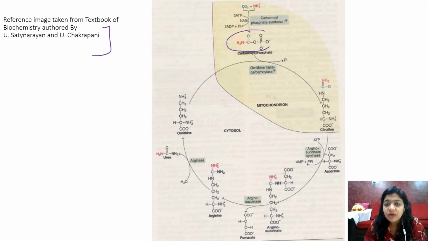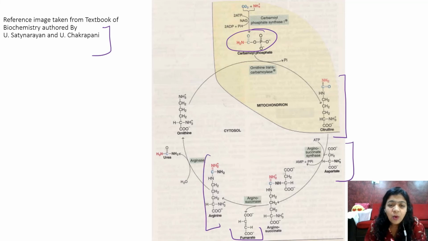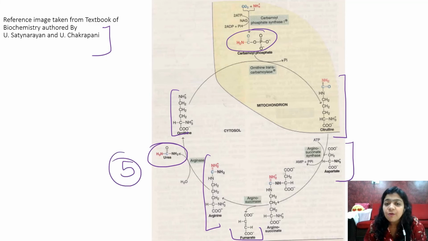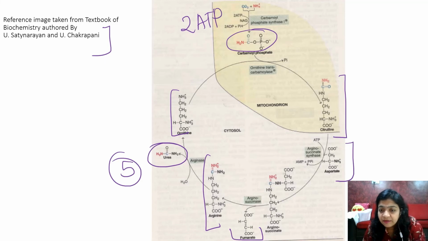Carbamoyl phosphate is there, then citrulline is there, aspartate, fumarate is there, arginine is there, ornithine is there, and here in the fifth step urea is formed. 2 ATP molecules are consumed, and ATP is required at this step also, where it is getting converted to AMP by giving 2 phosphate groups for the further activity.